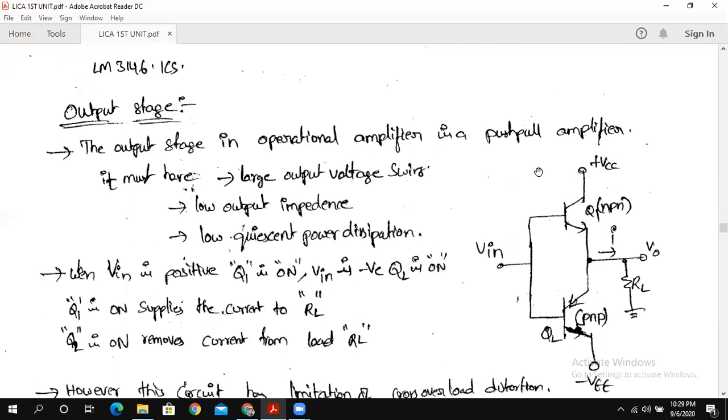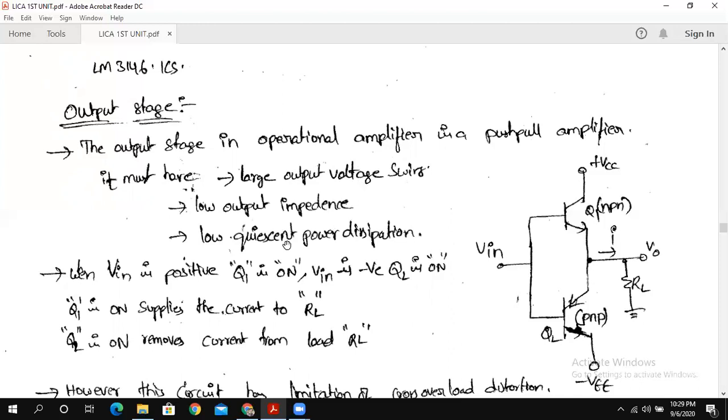The output stage must have high gain, a high amplification factor, so we have to choose accordingly. So for that reason we have used a push-pull amplifier, which possesses a large output voltage swing, a low output impedance, and low quiescent power dissipation.